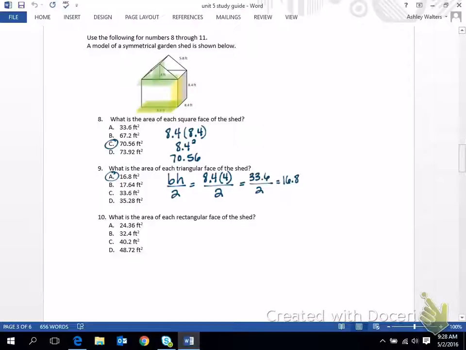Number 10 asks, what is the area of each rectangular face of the shed? The bottom of the shed is a cube, so every face of that is going to be a square, but the rectangular face is made up from the roof. So the rectangular face is 8.4 by 5.8.